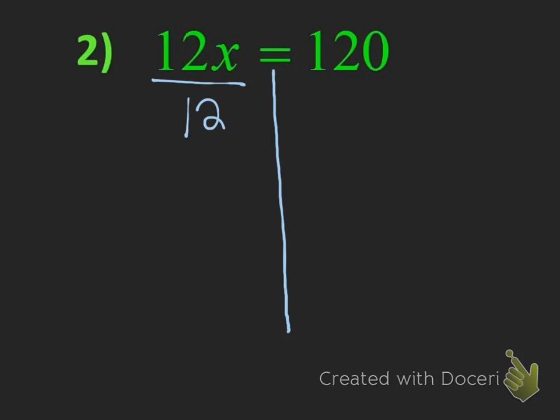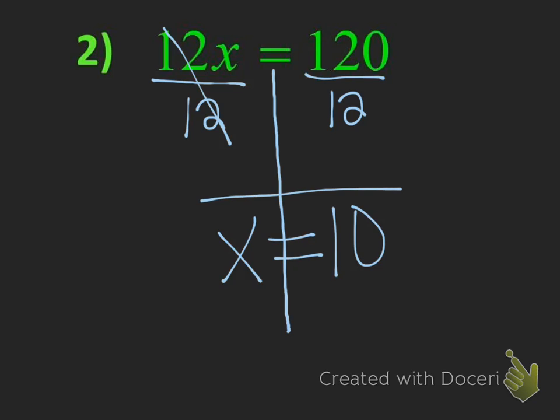And if I divide the left by 12, I need to also divide the right by 12. So 12 divided by 12 gives me 1x, or just x, equals 120 divided by 12 is 10. So x equals 10. What are your questions?